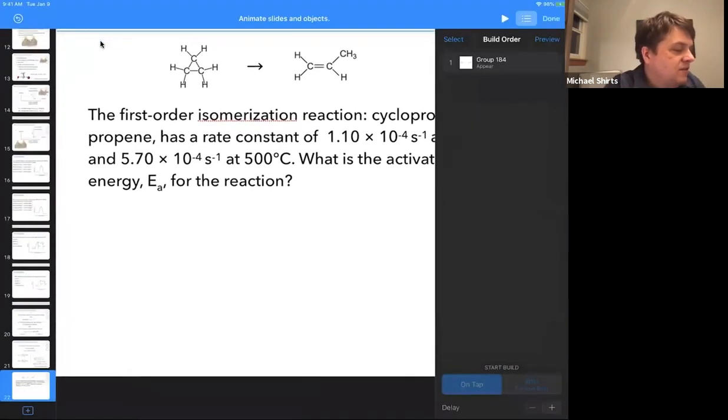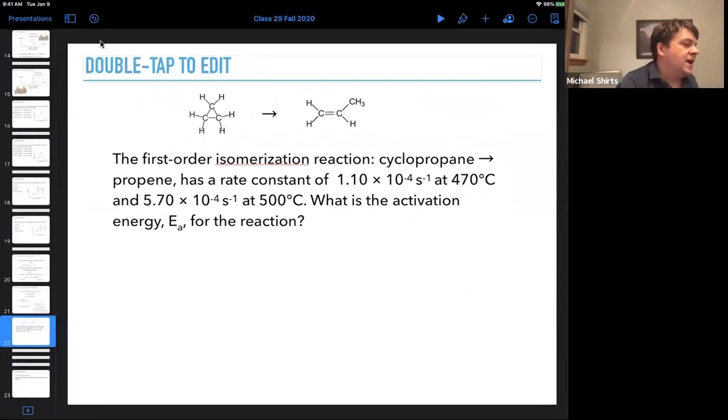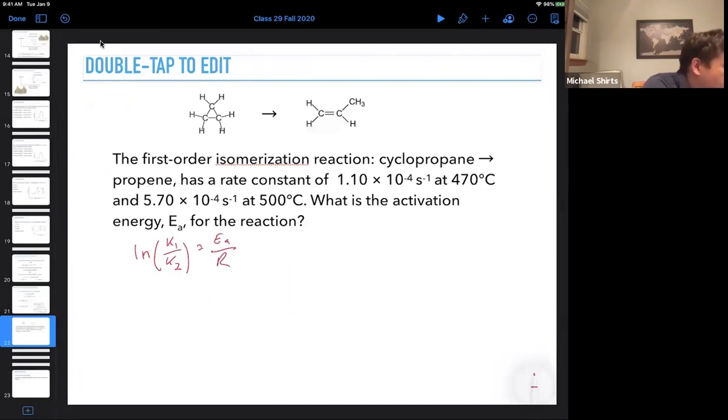Okay, so let's see if we can figure that out. We're going to be using the Arrhenius equation, and that is the log of k1 over k2, the log of the rates, is equal to activation energy over R times 1 over T2 minus 1 over T1.